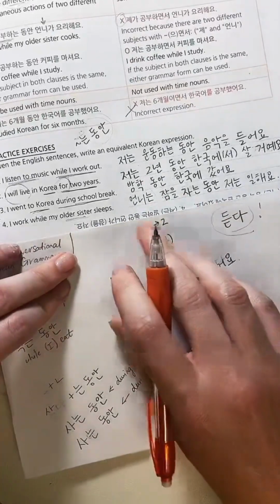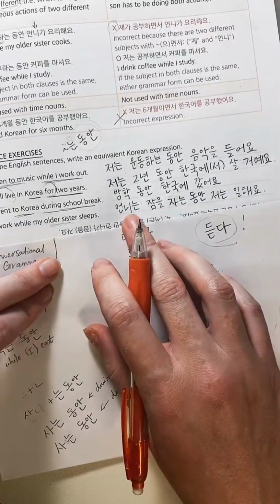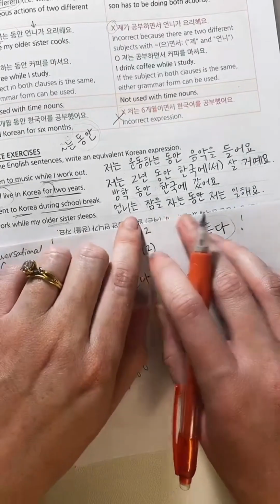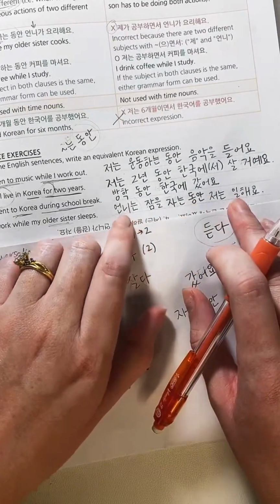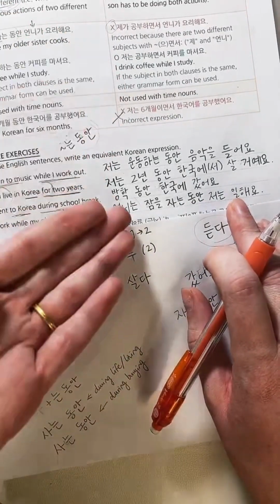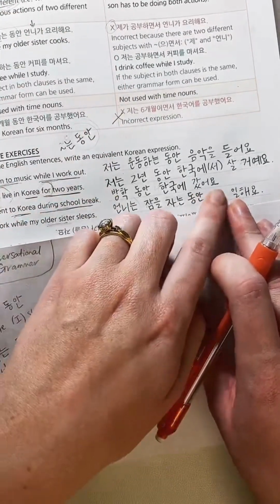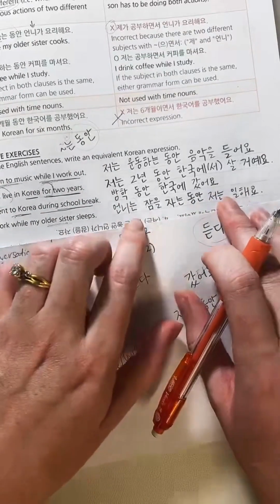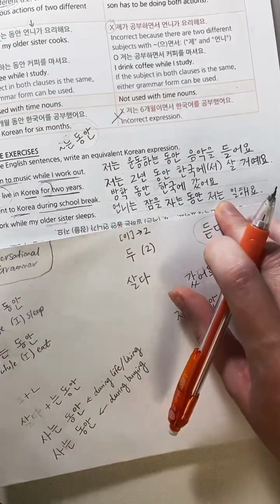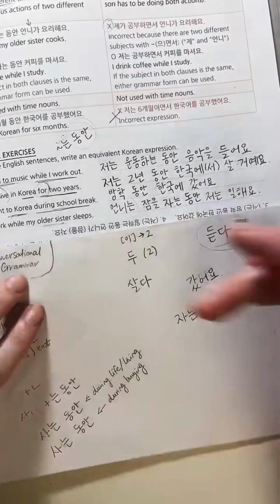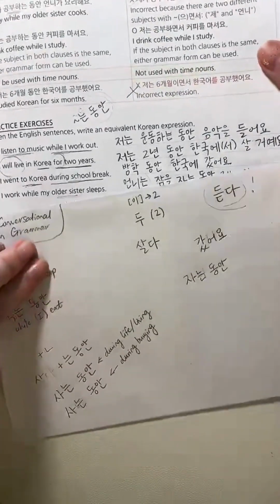You could also use the 가 particle here. I guess the reason I used 는 here is because I was going for a contrasting feeling, saying that my older sister is doing this, but I am doing this. That's the feeling you have when you use the two 는 like this. But you can also use 가. It's okay. People will understand you.